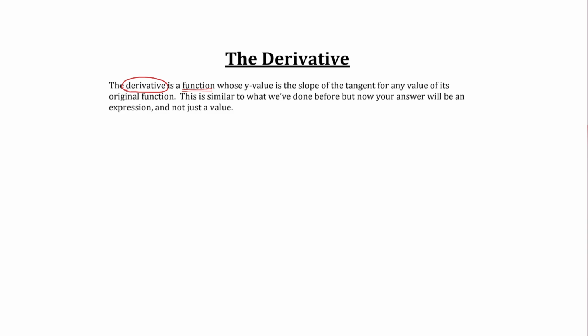So this is similar to what we have done before, but now our answer will be an expression and not just a value. So in the previous unit, we were finding the derivative at a specific point. So we were finding a specific y value, which is the slope of the tangent at that point.